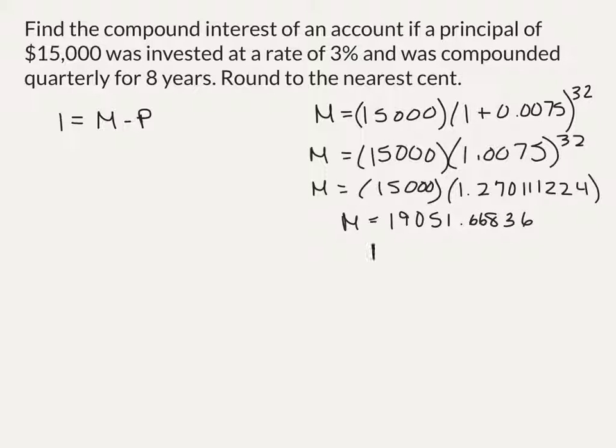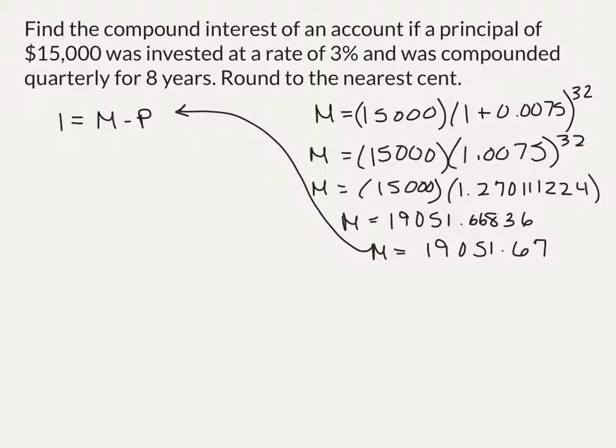This is a monetary value, so we need to round to 2 decimal places, and our final answer for M is $19,051.67.